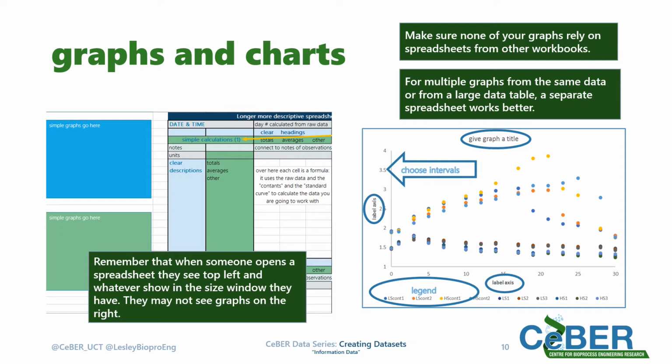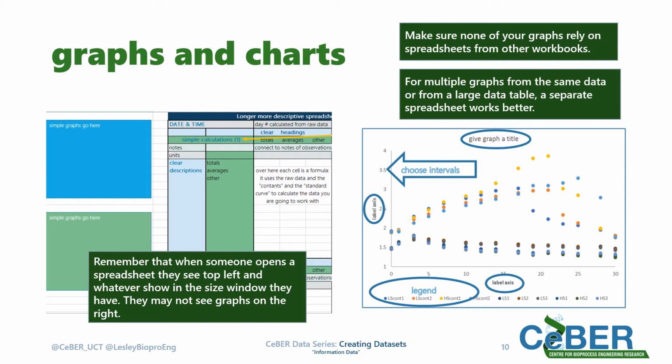And then just a few little things about graphs. There's some slightly different things that you have to notice for the graphs in a spreadsheet. You must give the graph a title. In your publication, you don't give the graph a title because the title is in the caption.